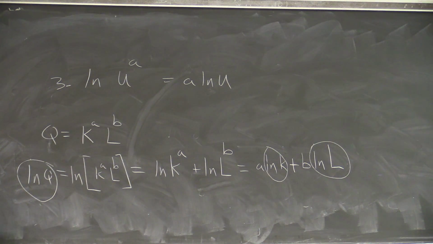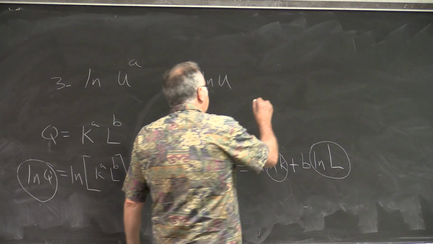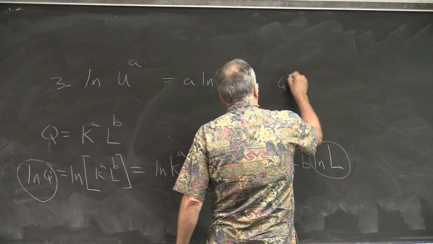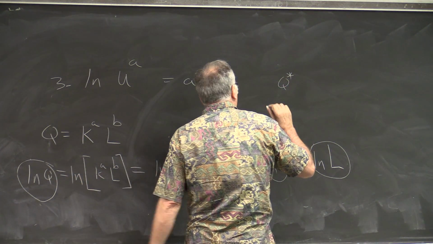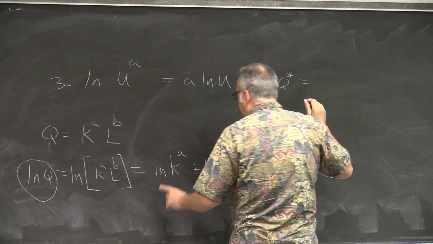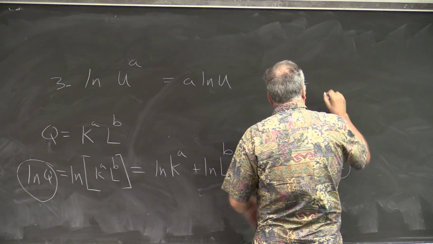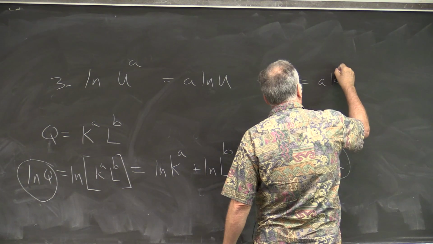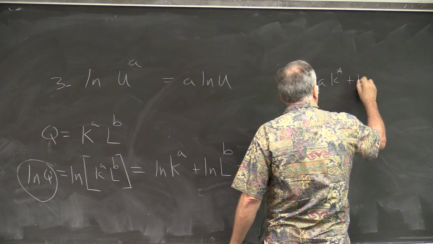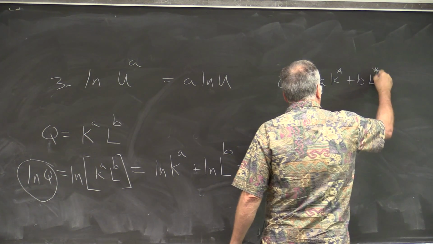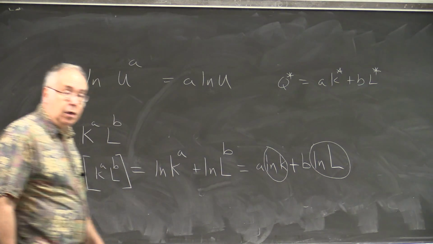Let me just simplify the terminology here. Let Q star be log Q. So this is Q star equals A times K star plus B times L star, where star now denotes natural logarithms.